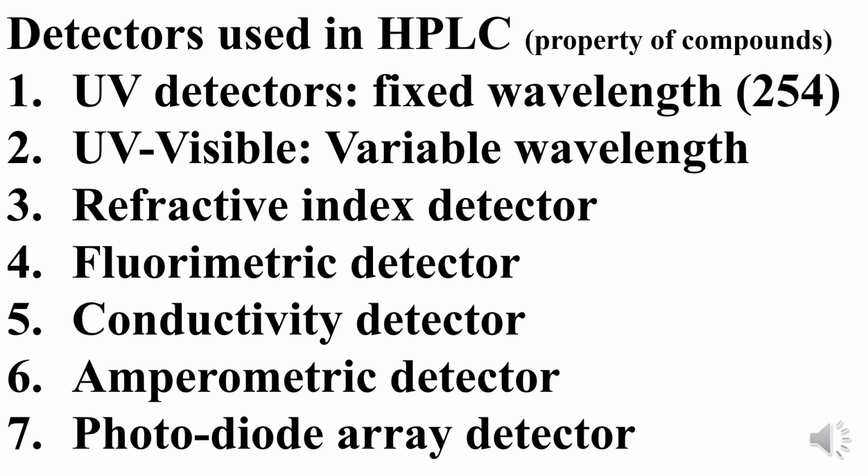The commonly employed detectors in HPLC technique are UV detectors, which operate at a fixed wavelength of 254 nanometers, variable wavelength detector, which operates with a wavelength ranging from 200 to 800 nanometers, which covers both the UV region as well as the visible region, refractive index detector, fluorimetric detector, conductivity detector, amperometric detector, and photodiode array detector. So let me walk you through these 7 detectors in a sequential order.